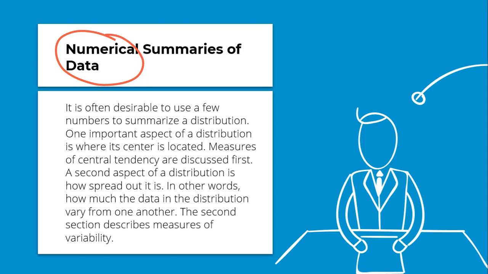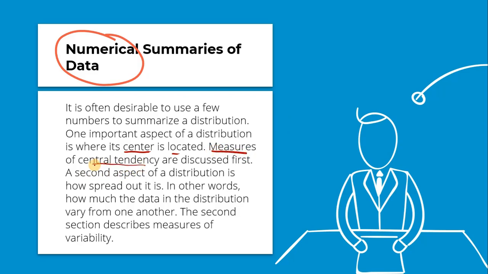So it is often desirable to use a few numbers to summarize a distribution or a set of organized data. One important aspect of a distribution is where the center is located. So take note, first we're going to describe the center. This is what you do in the measures of central tendency.